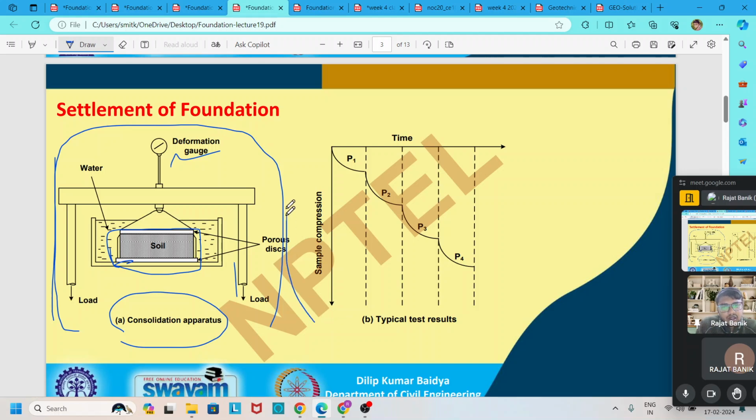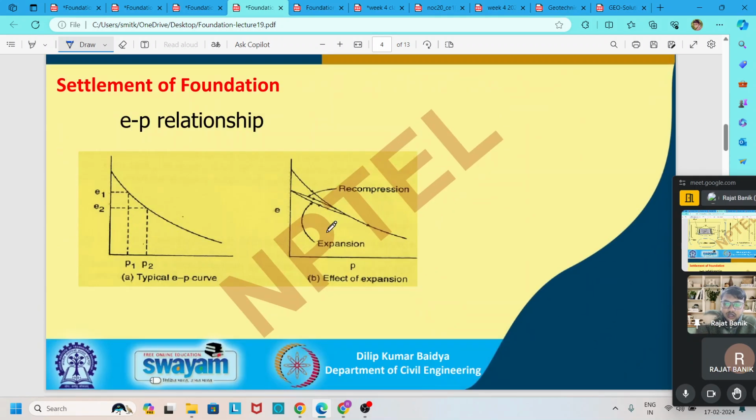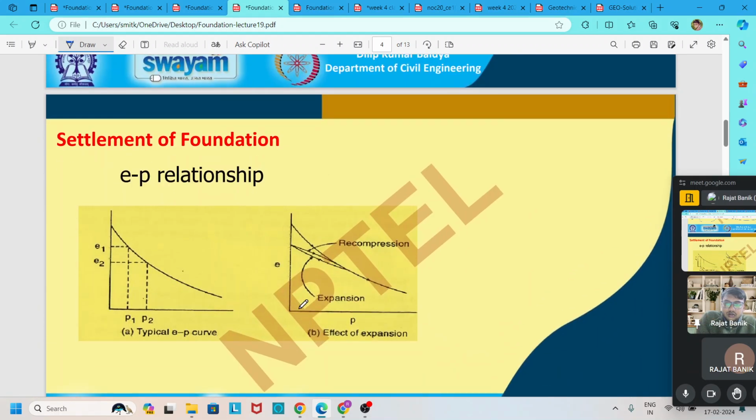Here the stress results are shown in graphical form. This consolidation settlement is represented in a very popular manner by the void ratio versus pressure curve, called the e-p relationship.